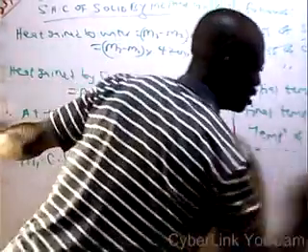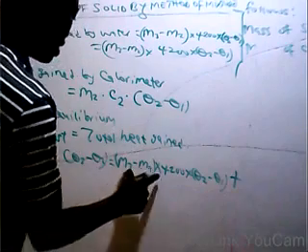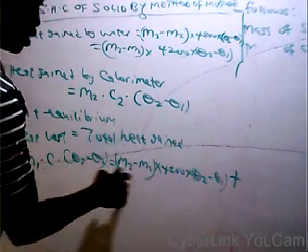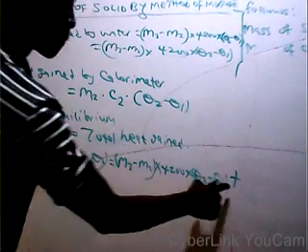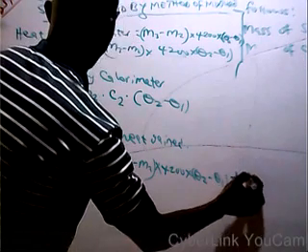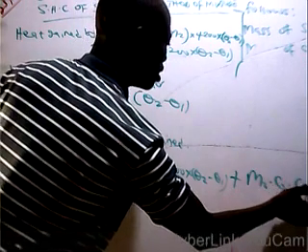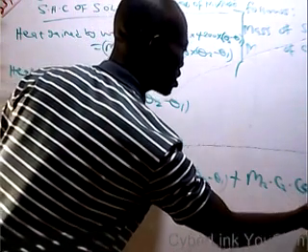So let me do this. Heat lost by the solid equals heat gain by water plus heat gain by calorimeter, and heat gain by calorimeter is M2 times C2 times theta 2 minus theta 1.